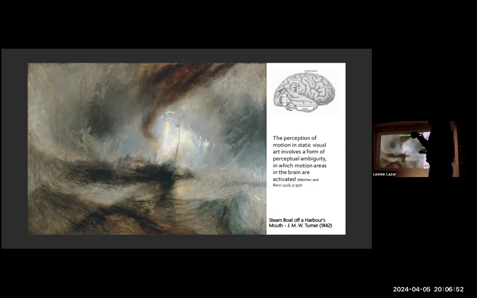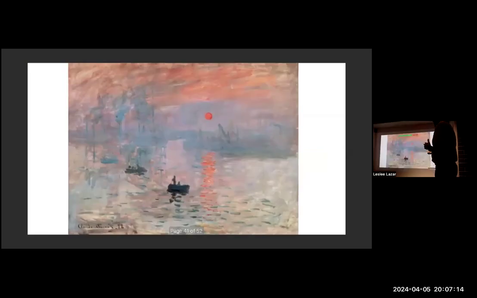So here what happens, the prior is so biased towards movement that even without any movement, the part of the brain which processes movement actually activates. So you actually will perceive it as a movement. Okay? So they have done this study where they asked people to look at these images. Even this, the shimmering light of Monet.